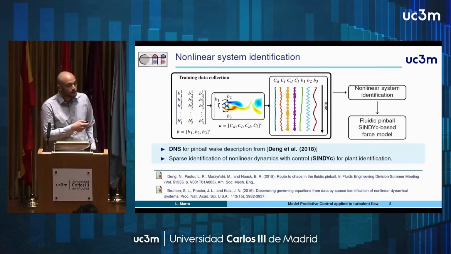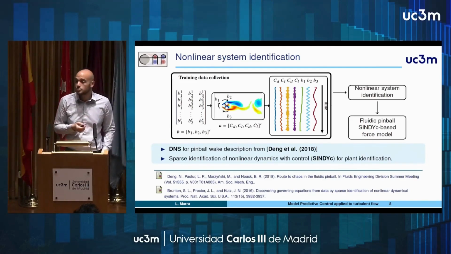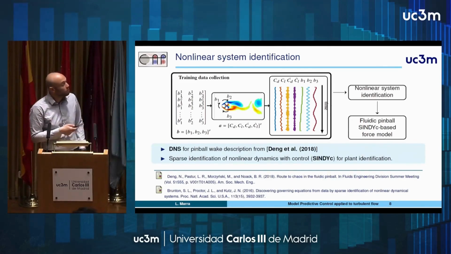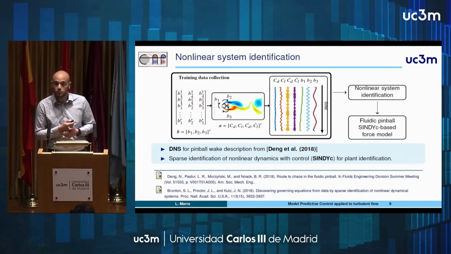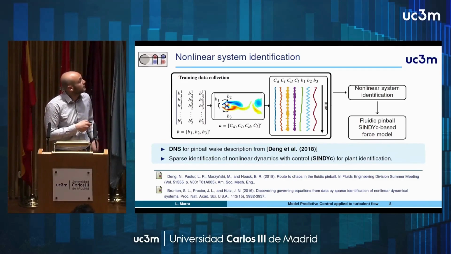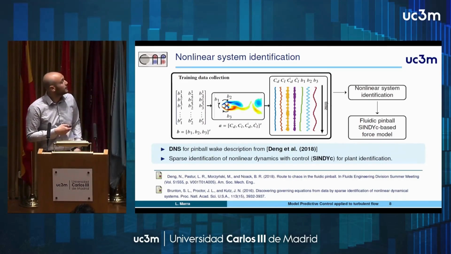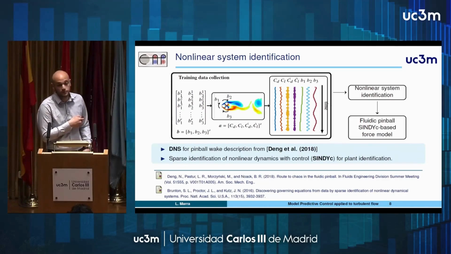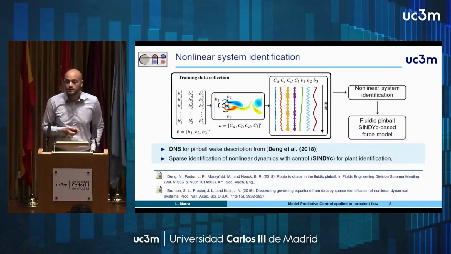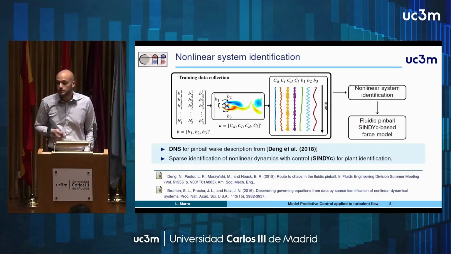And we applied a technique that is called SINDy, sparse identification of nonlinear dynamics, to discover the dynamics of these forces as a function of themselves and also the actuation parameters. And basically, this SINDy model is a method that gives us ordinary differential equations telling us the dynamics of these forces by performing a sparse regression in a library of functions that is selected by the user.